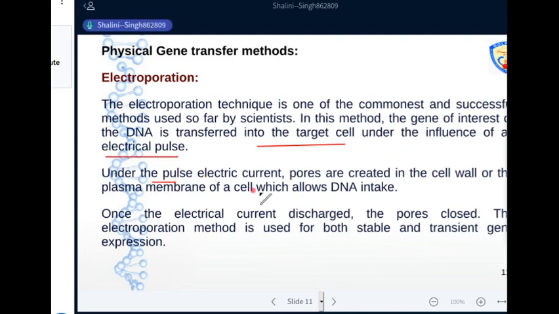Under this electric current, pores are created in the cell wall or the plasma membrane of the cell which allows DNA intake. Once the electric current is discharged, the pores are closed. The electroporation method is used for both stable and transient gene expression.